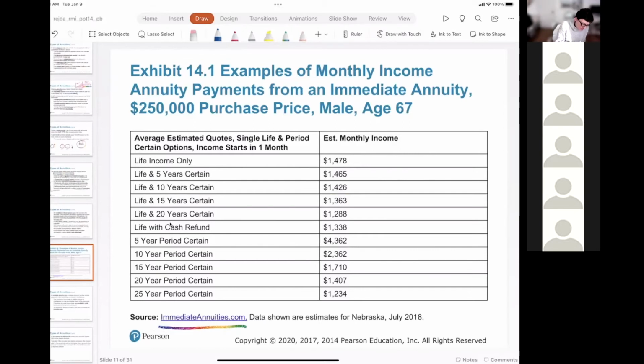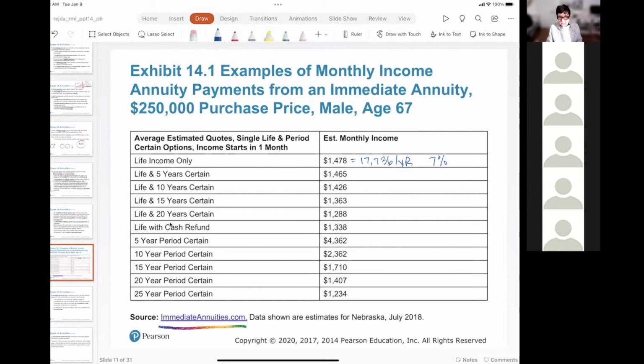So 1478 times 12 is 17,736 per year. Divide that by 250,000. That's a withdrawal rate of 7%. And it's technically not a withdrawal rate, it's technically a payout rate.